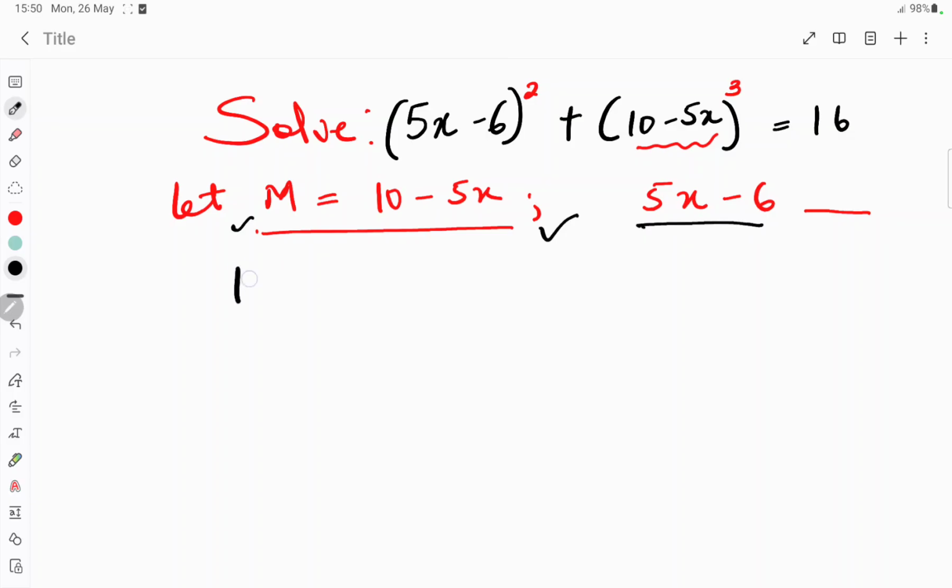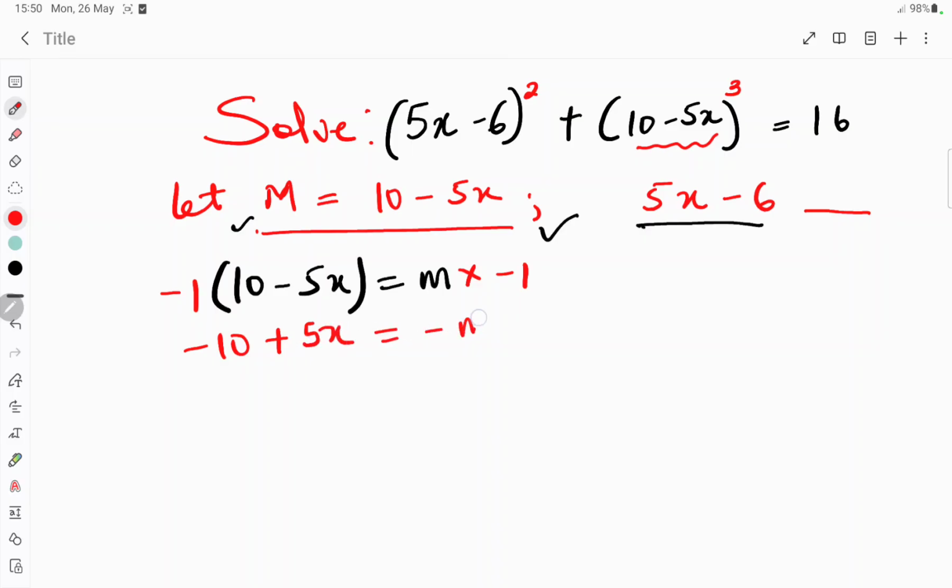Since I have that 10 - 5x = m, I can decide to multiply both sides by -1. Minus 1 times 10 gives -10. Minus 1 times -5x gives +5x. And this is equal to -m.